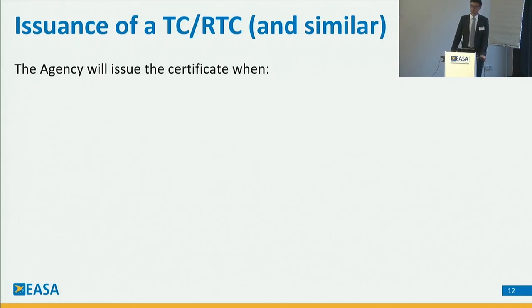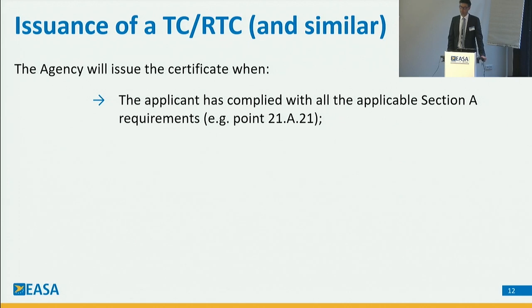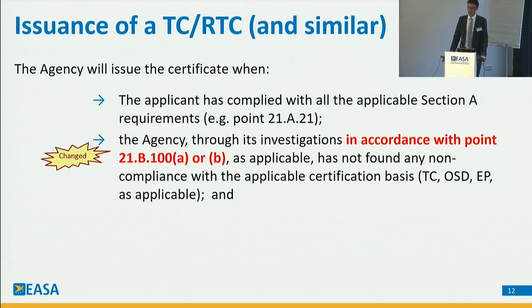So for the issuance of a type certificate, restricted type certificate, major change approval, major repair approval, or supplemental type certificate, the agency will issue it if the applicant has complied with all the applicable Section A requirements, so 21A, and, this is no change and new, the agency, through its investigation in accordance with point 21B100 A or B, so this is the level of involvement, risk-based approach, as applicable, has not found any non-compliance with the applicable certification basis.